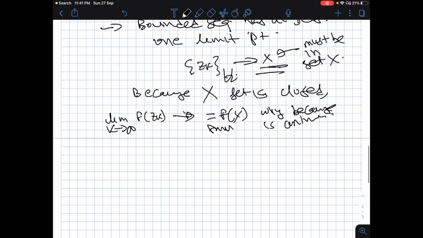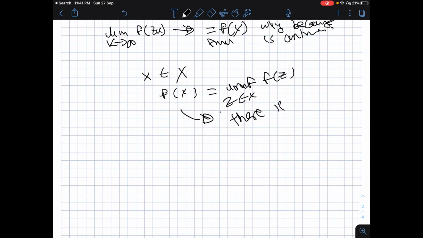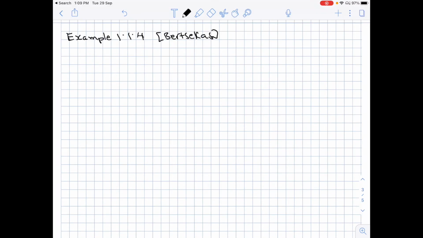So therefore you got a point x in set X which achieves the infimum. And what does that mean? It means there is a global minimum to a coercive function.